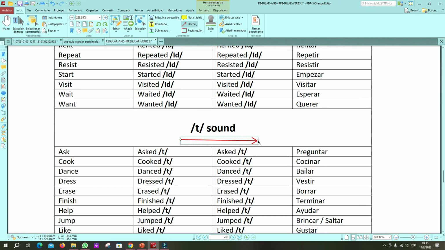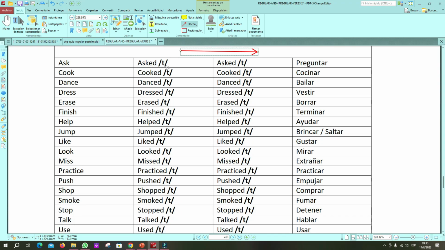Also the T sound. Ask, asked, cook, cooked, dance, danced, dress, dressed, erase, erased, finish, finished, help, helped, jump, jumped, like, liked, look, looked, miss, missed, practice, practiced, push, pushed, shop, shopped, smoke, smoked, stop, stopped, talk, talked.